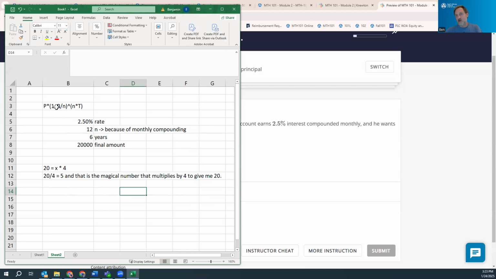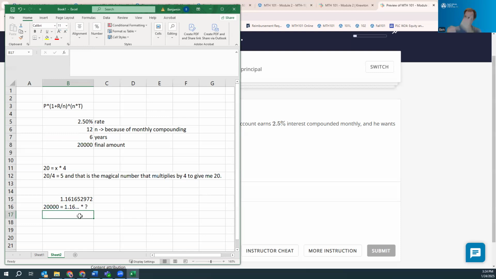So I'm going to go ahead and calculate all of this part here: 1 plus the rate divided by n, raised to the power of n times 6. And I get this crazy number. And then what I'm looking for essentially is 20,000 equals 1.16 times this magical number.